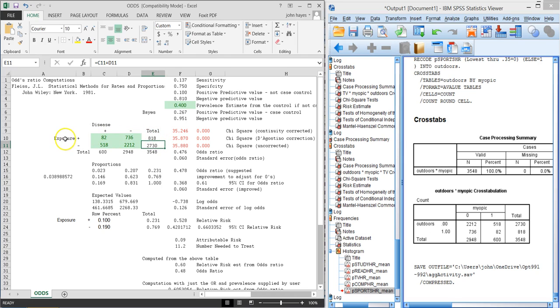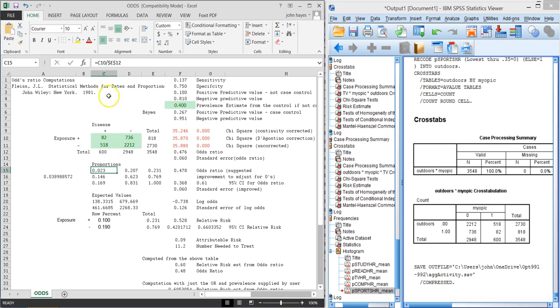So there's 818 that had outdoor activity. There's 2,730 that were less than that percentage outdoors. Spent less than 35% of the time outdoors. Then we have the total number of myopics, the total number of people who are not myopic.